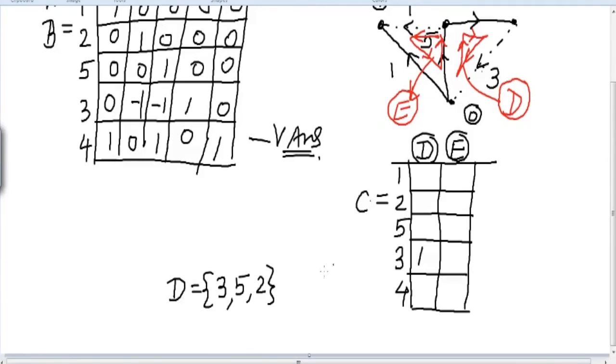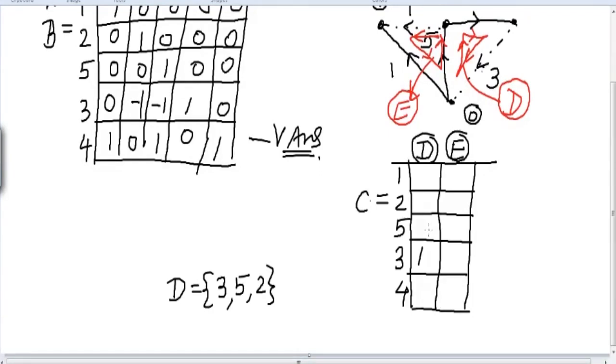What about 5 and 2? Let's check. Our loop is moving upward, 5 is also moving upward. So should 5 be positive or negative? Please reply fast.